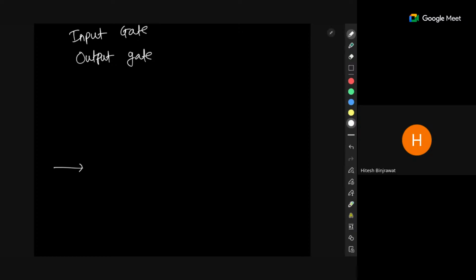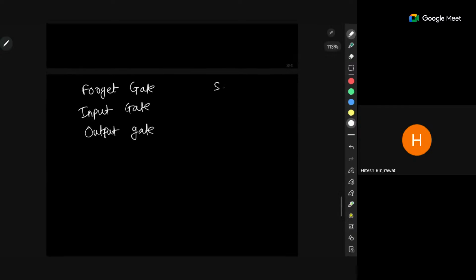Just consider that there is some h0 coming in here. I'll explain h0 later, because this is something we will always get as output from the LSTM. From the LSTM you'll get two kinds of output: one is ST and another is HT.